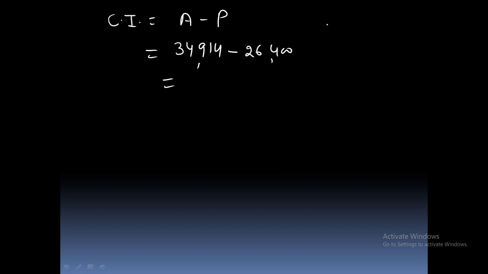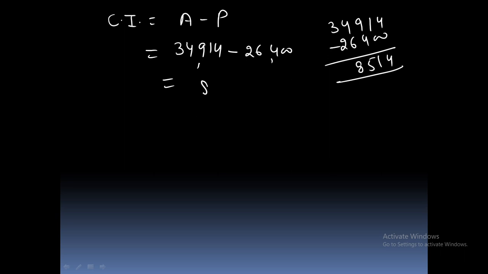Now you will calculate compound interest, A minus P: 34,914 minus the principal amount 26,400, we get 8,514. That is your compound interest after 2 years.